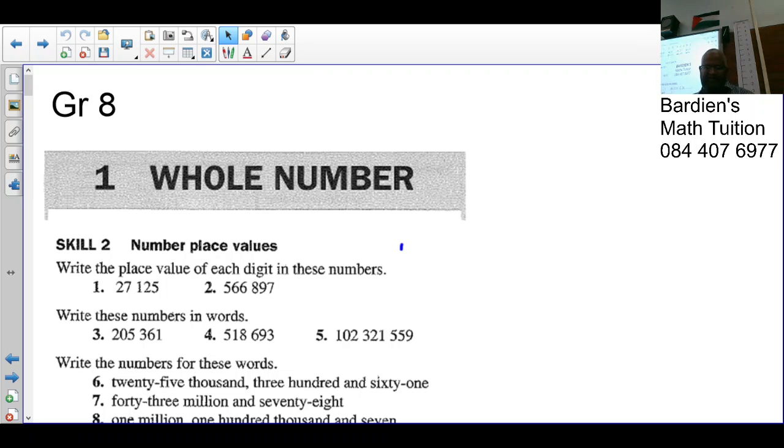So let's look at that. There's a no copy there. Which page is this on? Page 30.